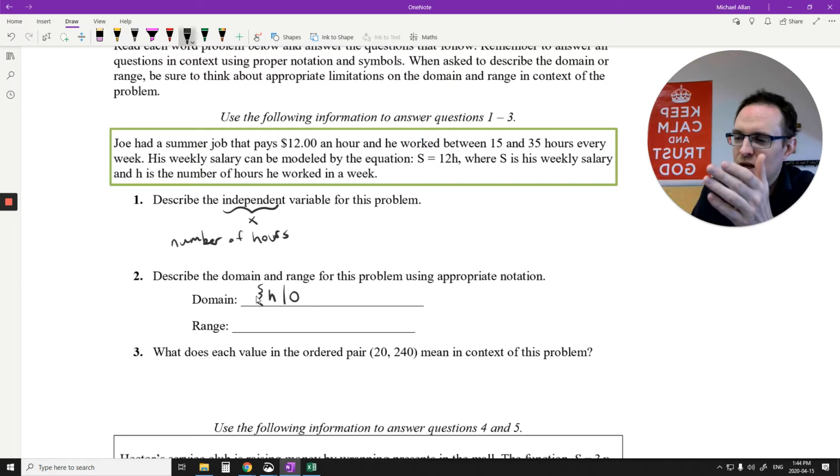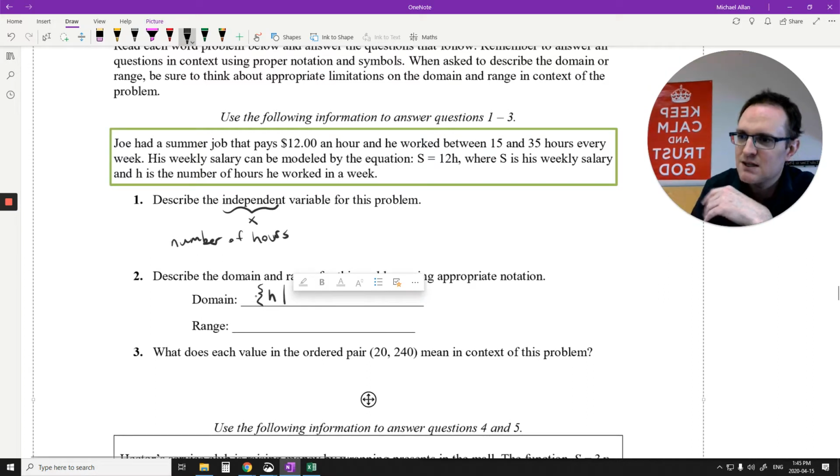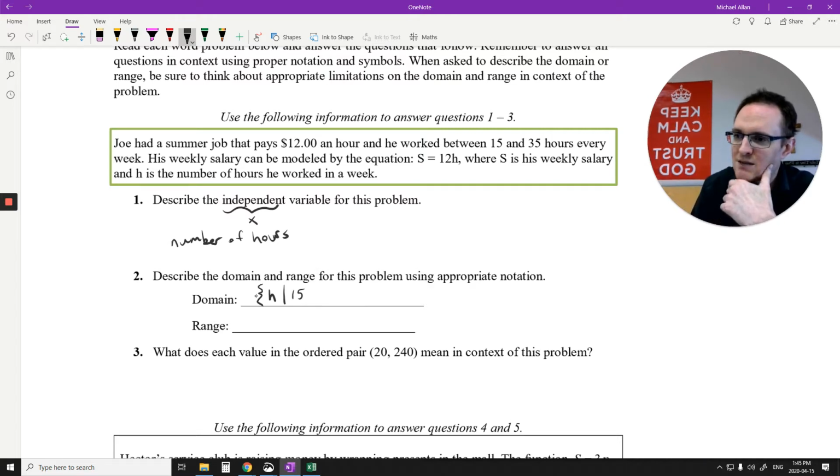And you can work anywhere between, oh, he actually doesn't get paid 0, because the minimum he ever gets paid at any given time is 15. The maximum, time-wise, is 35 hours. So it has to be somewhere between those two numbers. Now, he probably gets paid for a quarter of an hour and so on, so I'm just going to say real numbers, H.